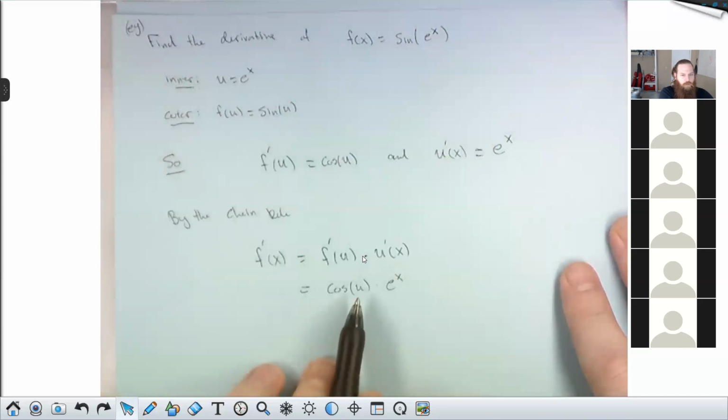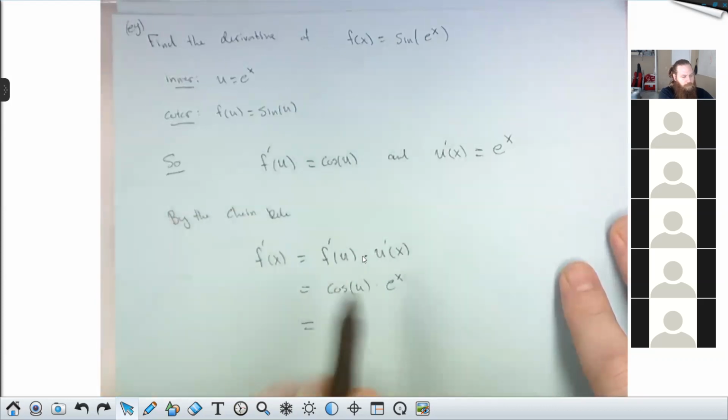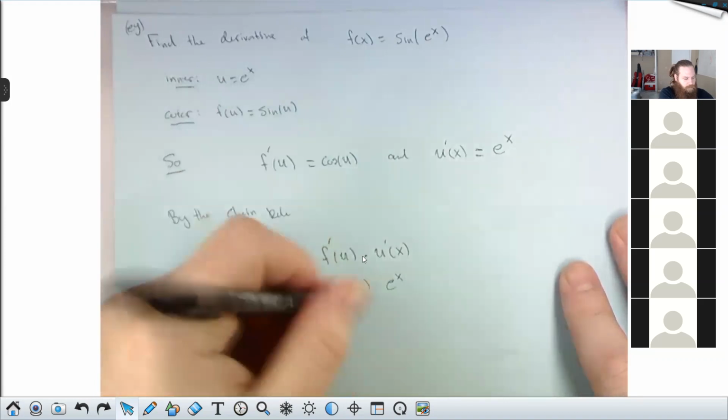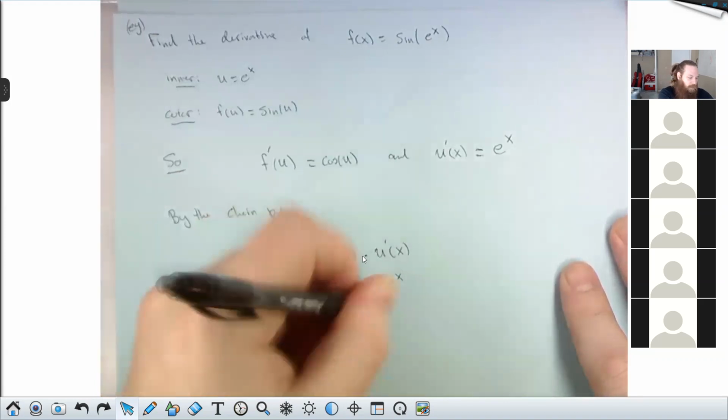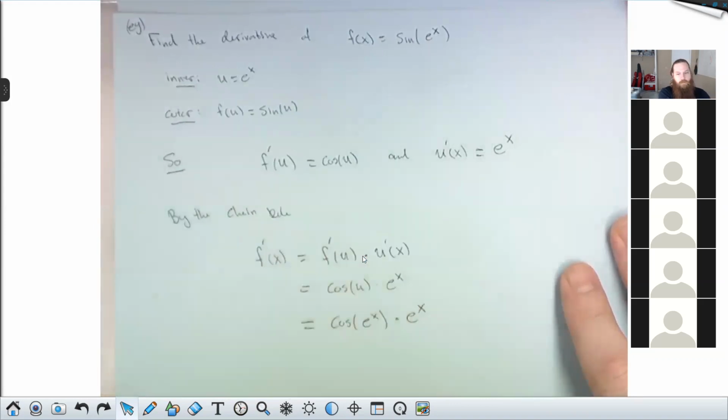But this doesn't look how it should, right? I've got two different variables in here. So we should plug in for u here. What is u? U is e to the x. So this is cosine of e to the x times e to the x. Is this making sense?